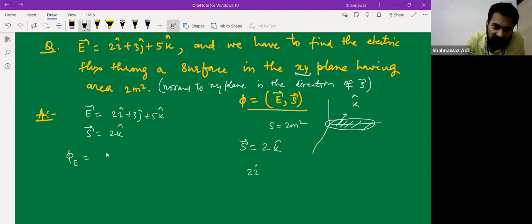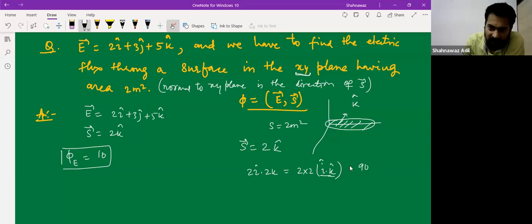Correct, absolutely correct. Because 2i dot 2k is 2 into 2 and then I dot k, and I and k are at an angle of 90 degrees, so cos 90 is 0. Only k and k will survive.